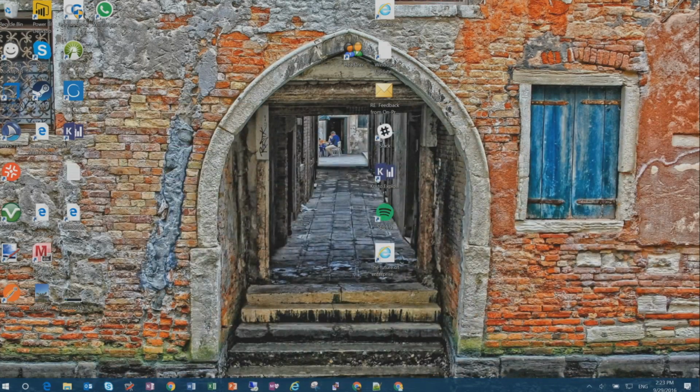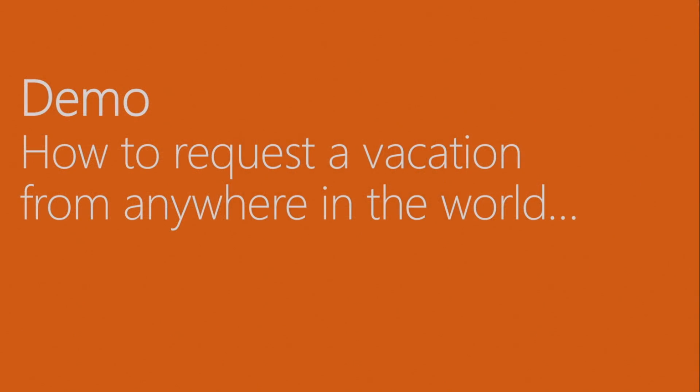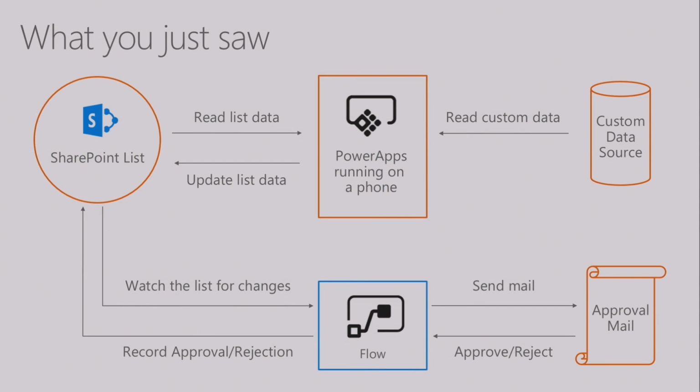All right. So let's summarize what we actually saw there. What we saw was a Power App running on the phone. It was reading data from a SharePoint list and the custom data source, those number of days of vacation that I have left. Those were the two sources that we were using. And then when I submitted a new vacation request, it went and updated that data, added a new record to that SharePoint list.